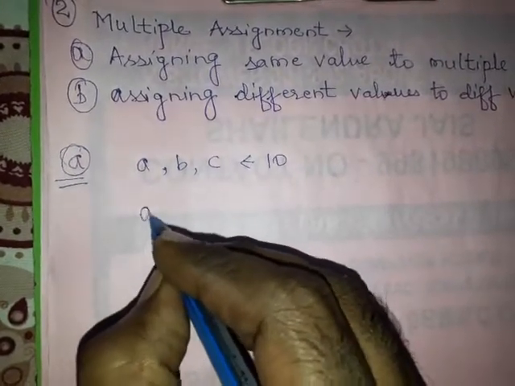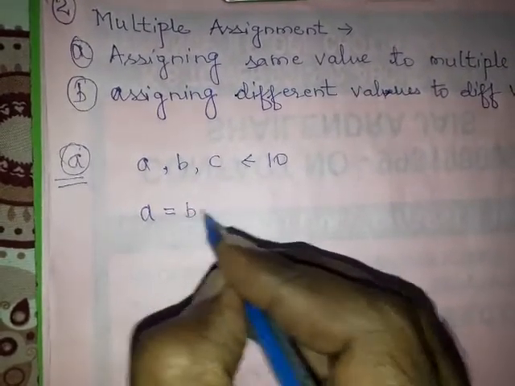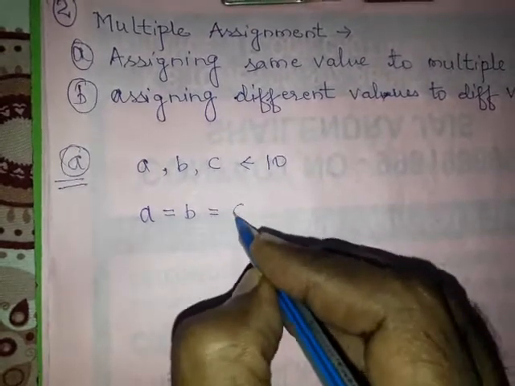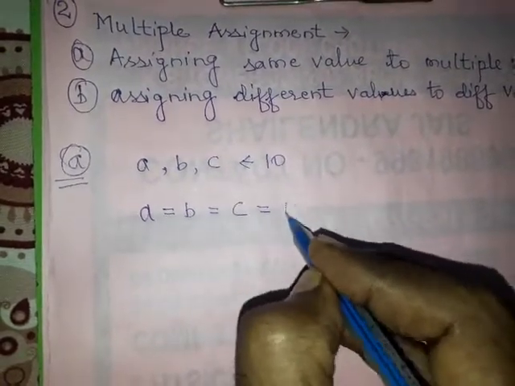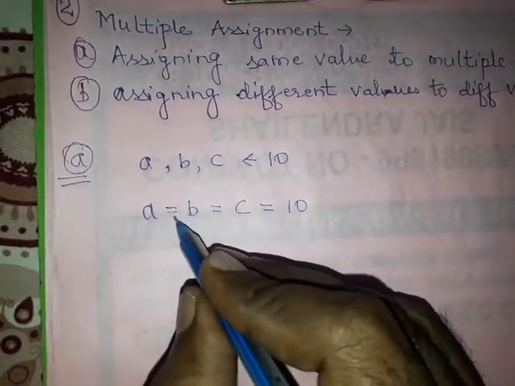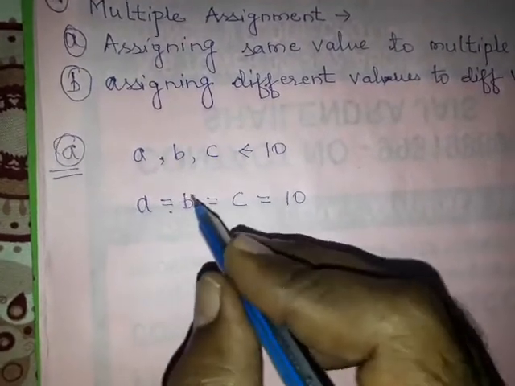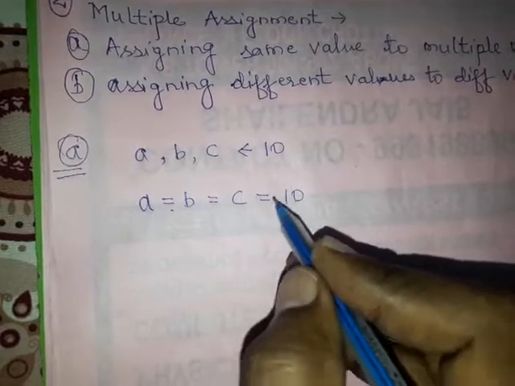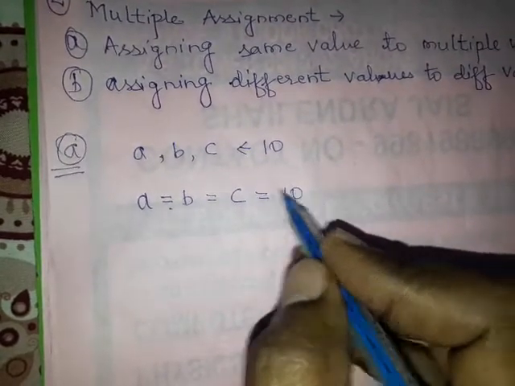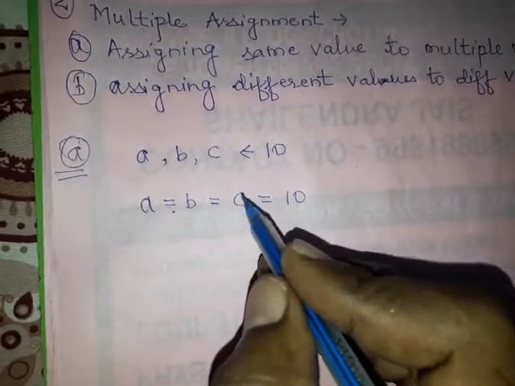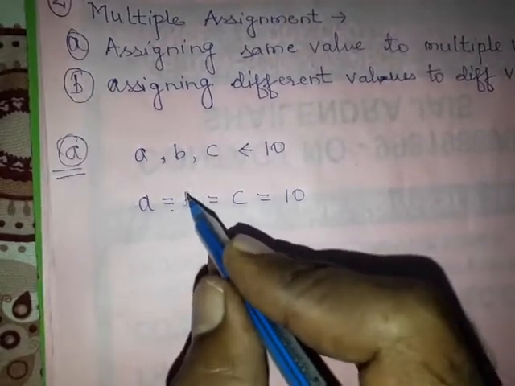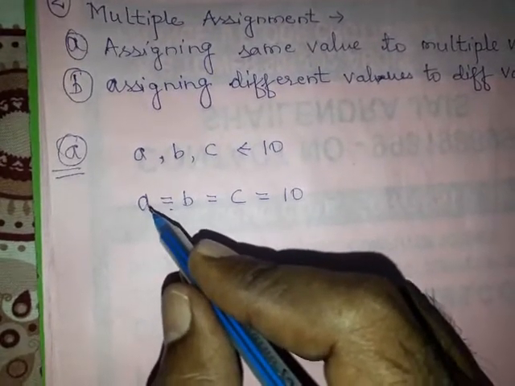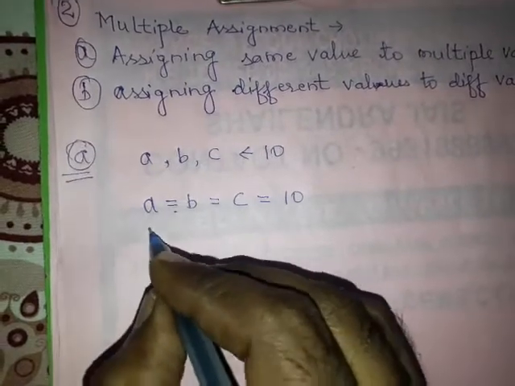Simply write A equals B equals C equals 10, and this is not called equals, it is called assign. A assign B, B assign C, C assign 10. It means 10 is assigned to C, this value 10 is assigned to B, and this value 10 is assigned to A also.